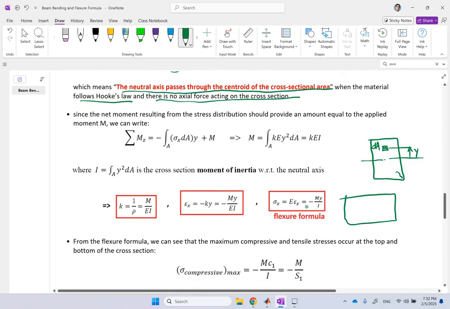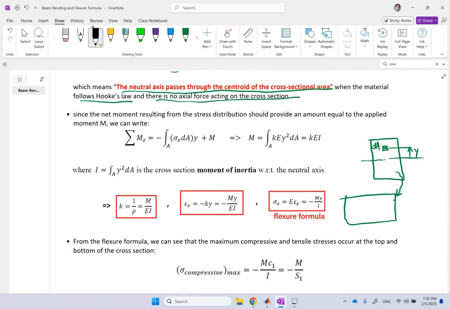So that face is right there, and that element dA is right here, and sigma x is in this direction. So if I want to find the moment here about the neutral axis, which is right there at the center or at the centroid, how can I find it?